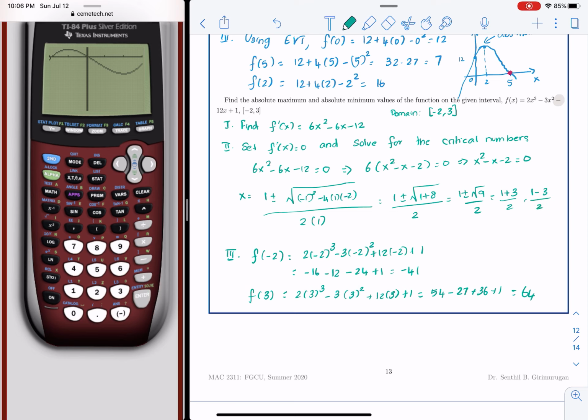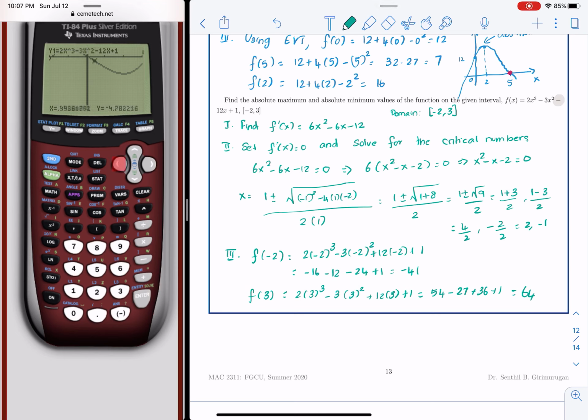And we will have 4 over 2 and minus 2 over 2, which is 2 and negative 1. So we are about to have an extreme value at 2 and an extreme value at negative 1, which seems to be true by looking at the picture.